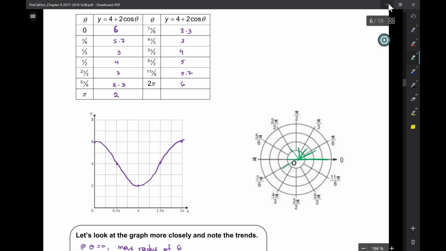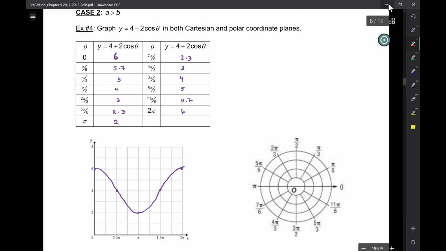And then it's going to get bigger again until it reaches the maximum. So do you see that? We start at a high radius, and then it gets smaller, but not 0. The smallest is going to be a 2. All right, let's graph it and see what it looks like.